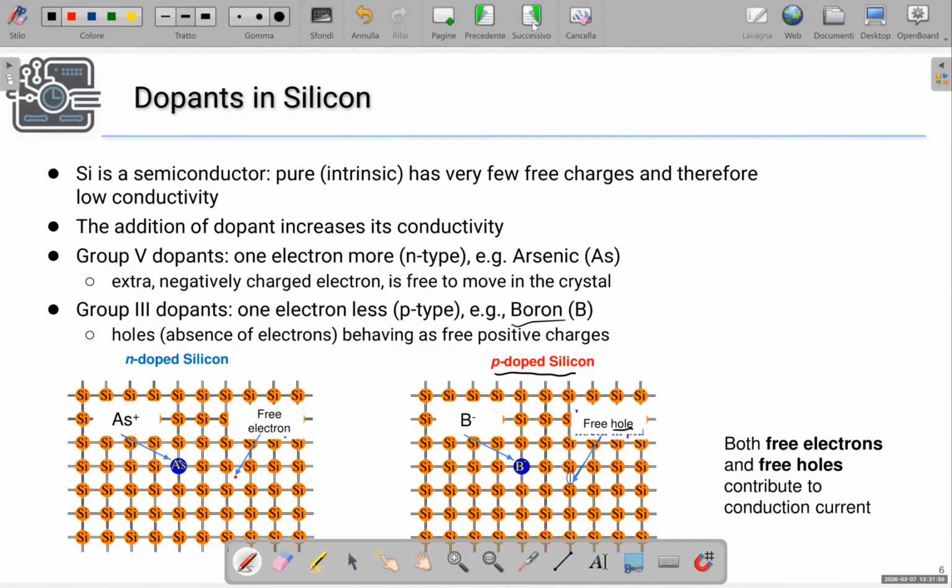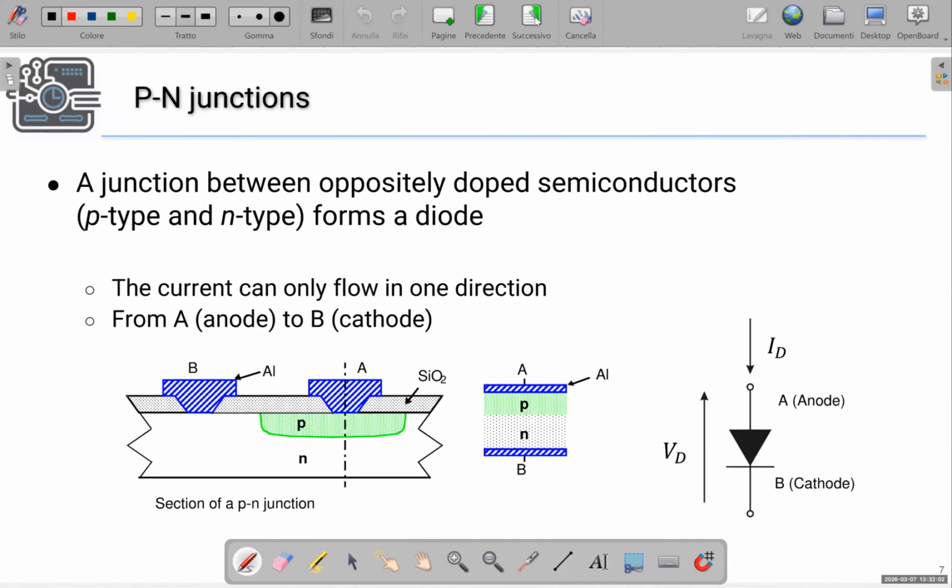This unique feature of semiconductor materials with p-type or n-type doping gives rise to specific and unique behaviors when we have a p-type and an n-type region that are adjacent, basically obtained on the same crystal, next to one another.